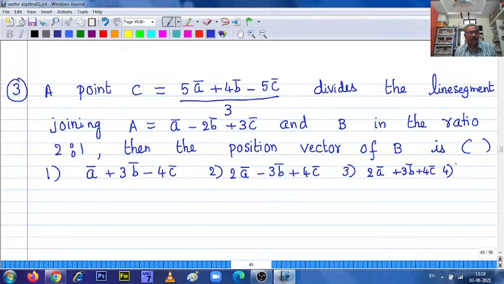Fourth one, 2A bar plus 3B bar minus 4C bar. Right, anybody, what is the answer?